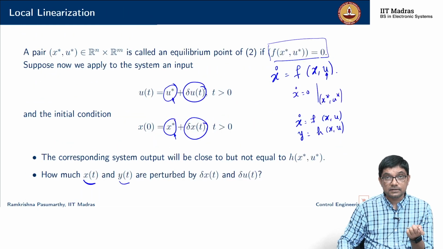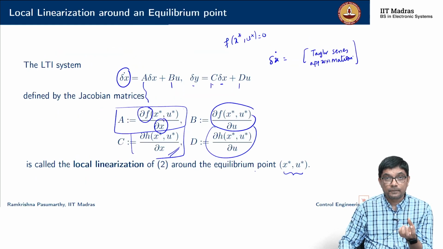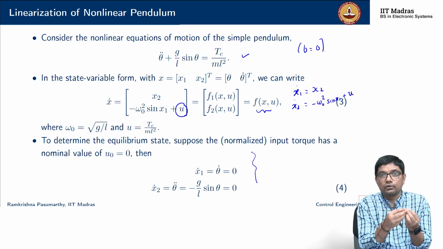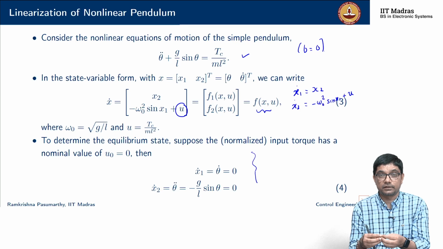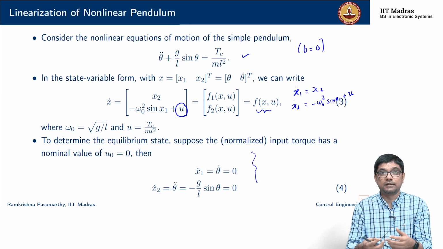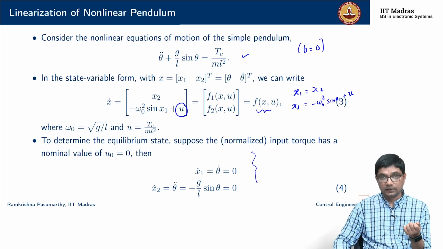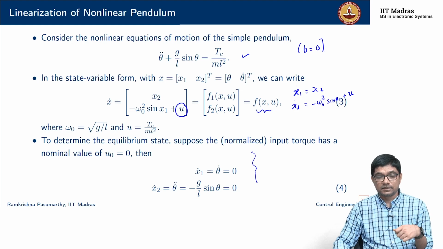Locally I linearize and that behavior is preserved around that equilibrium point. So the behavior of the original nonlinear system around the equilibrium point is the same as the behavior of the linearized approximation via the Taylor series expansion. Now that is the magic here. That is the first method of Lyapunov, which says start with a nonlinear system, linearize it via its Taylor series expansion.